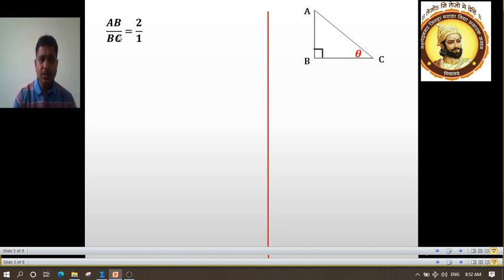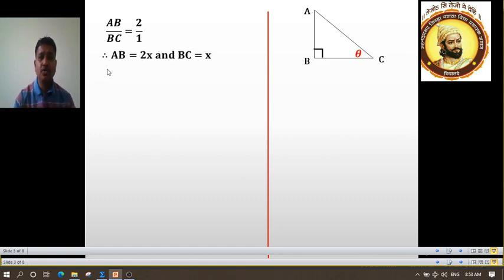Now AB is to BC is equal to 2 is to 1. It does not mean AB is equal to 2 and BC is equal to 1. It means that AB and BC are in multiples of 2 and 1, and that common multiple we take as x.